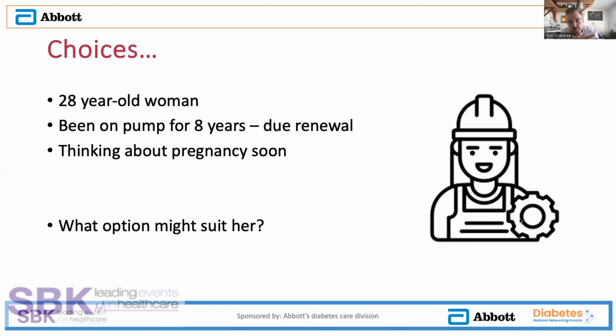Well, if you're thinking about pregnancy, then the only option really is to use CAM APS. Although other pumps have a license for pregnancies, the evidence base seems to be strongest for CAM APS, and currently that is what is advised by national bodies. So we would be recommending CAM APS for use in pregnancy. If she was to use another system, it's important to bear in mind that there are switch funds available to provide CAM APS temporarily during pregnancy.